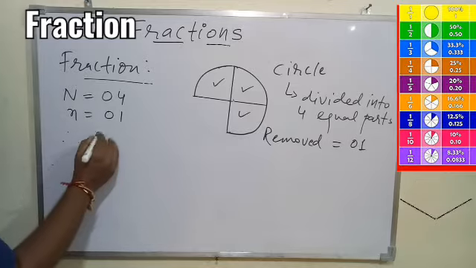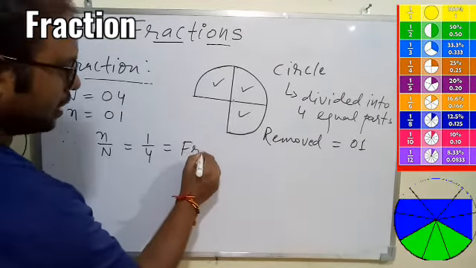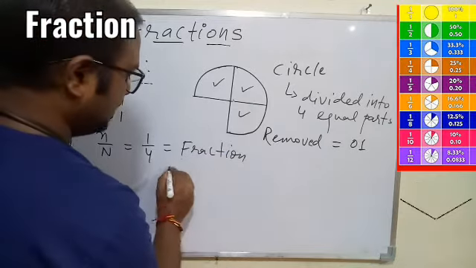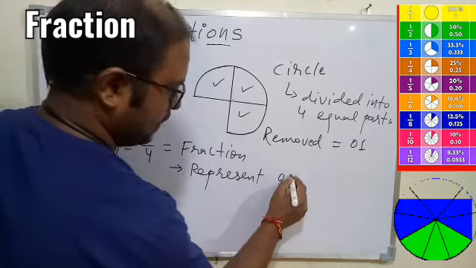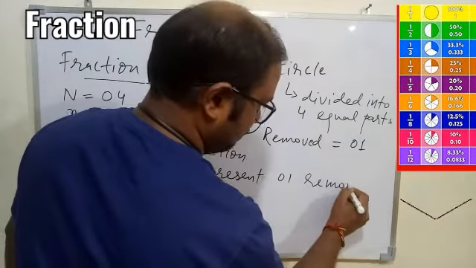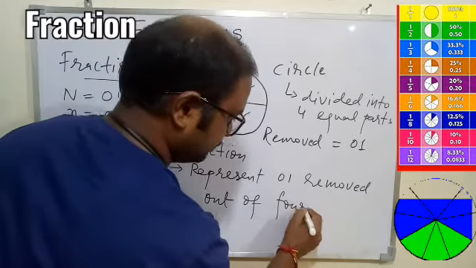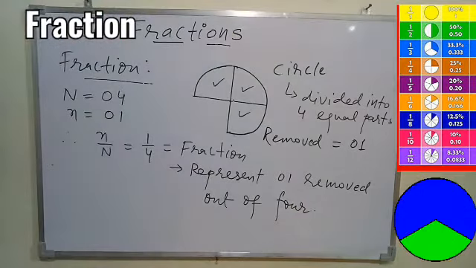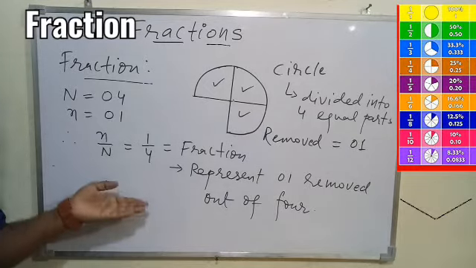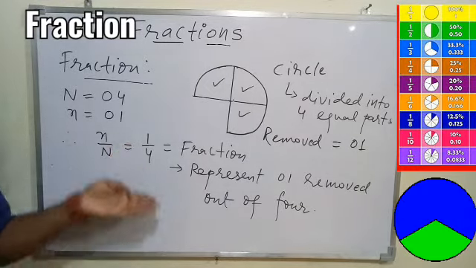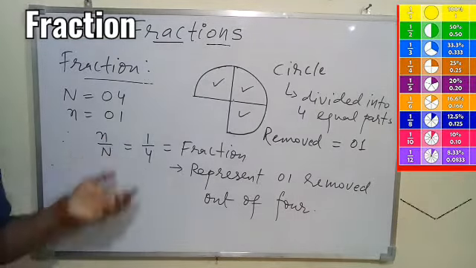So we can say n upon N will be nothing but 1 upon 4, which is the fraction again, which represents 1 removed out of 4. So this is another way of showing this. So again we are getting one number, 1 upon 4, 1 divided by 4, which is nothing but a fraction, which basically shows that out of 4, how much part we have? 1.